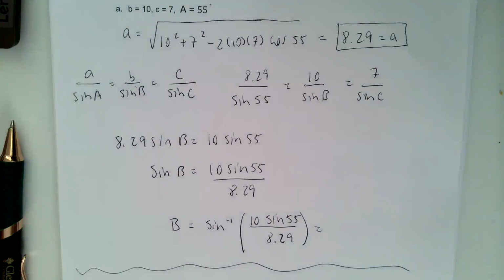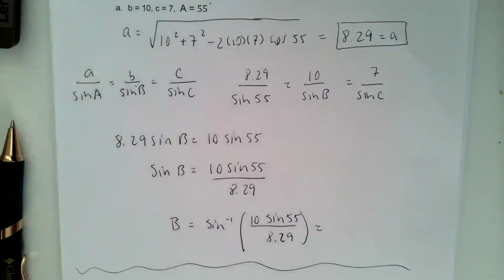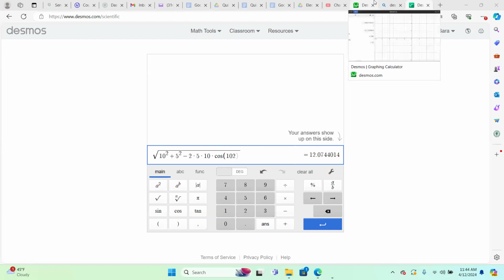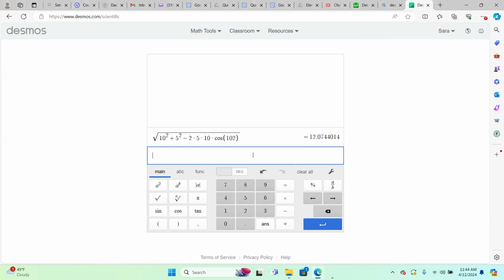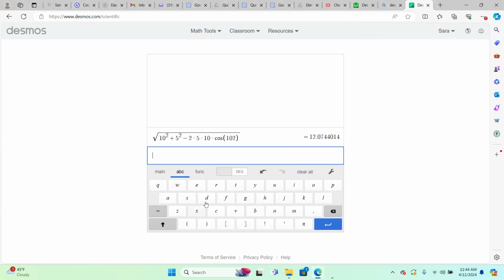And I'll show you what that is. So let's go to scientific Desmos. First we have to tell it inverse sine.